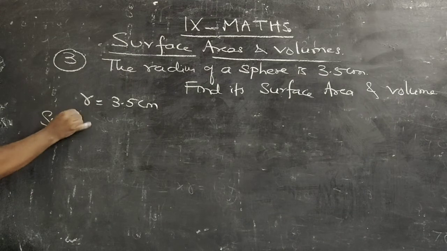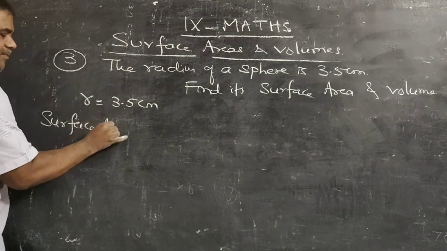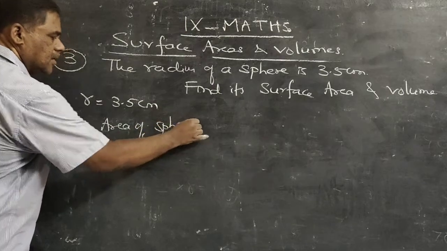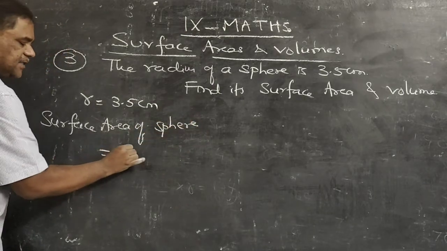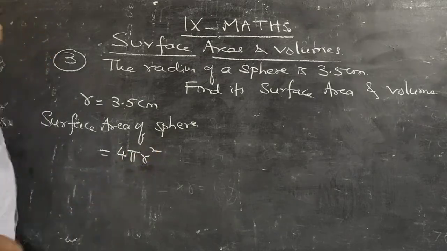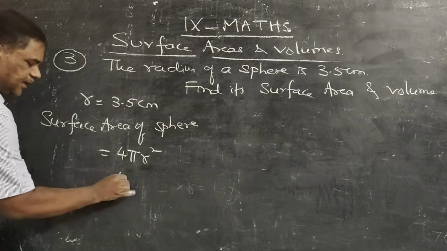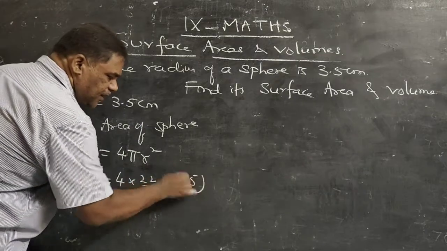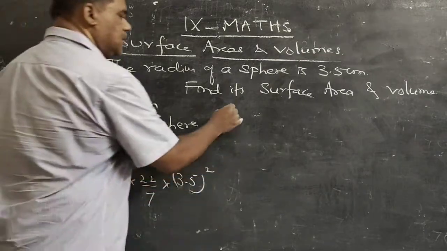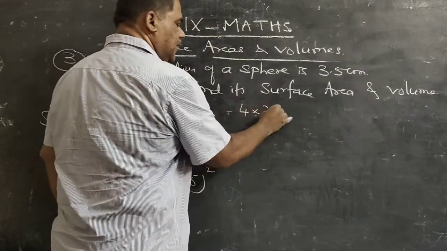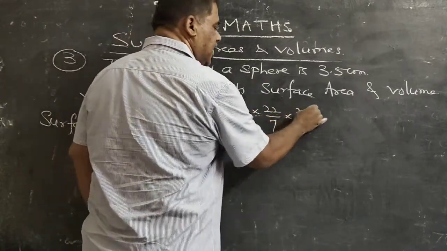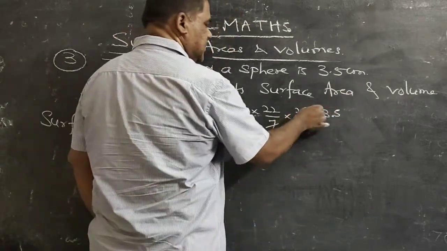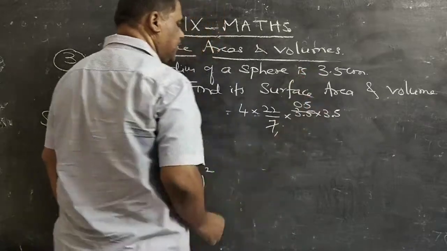Now we have to find surface area of sphere. Surface area of the sphere is given by the formula 4 pi r square, that is 4 into pi is 22 by 7, r is 3.5 whole square. So it is 4 into 22 by 7, 3.5 whole square means 3.5 into 3.5. 7 ones are 7, 0.5.